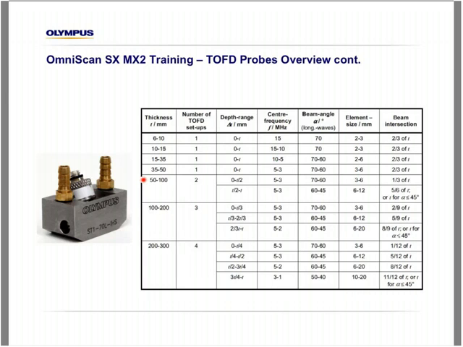As we can see, on smaller thin wall material, the angle is 60 or 70 degrees. The element size is very small. And as the sound path gets longer or the thickness greater, the frequency is reduced and the size of the elements are larger.